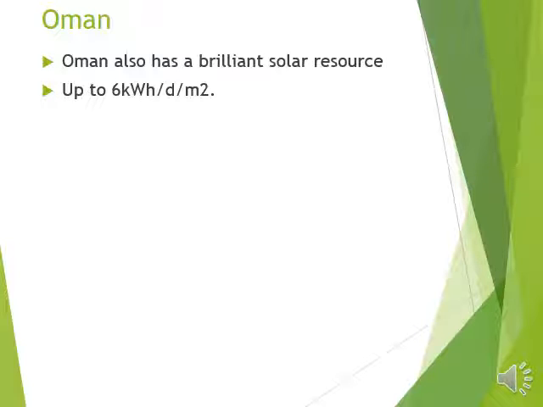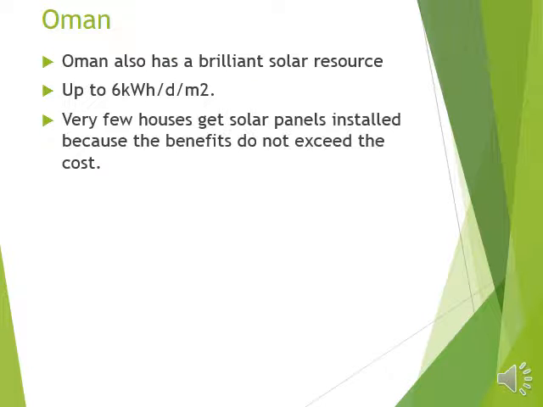They have a lot of sunshine. In Oman, it rains maybe 3 days of the year, and there's very rarely clouds in the sky. And so when they talk about solar resource, that's the amount of solar energy being absorbed by the land every day. And for Oman, it is as high as 6 kilowatt hours every day for every square meter.